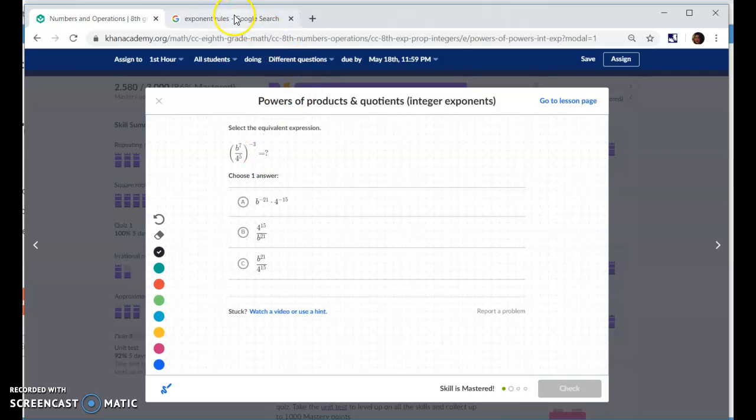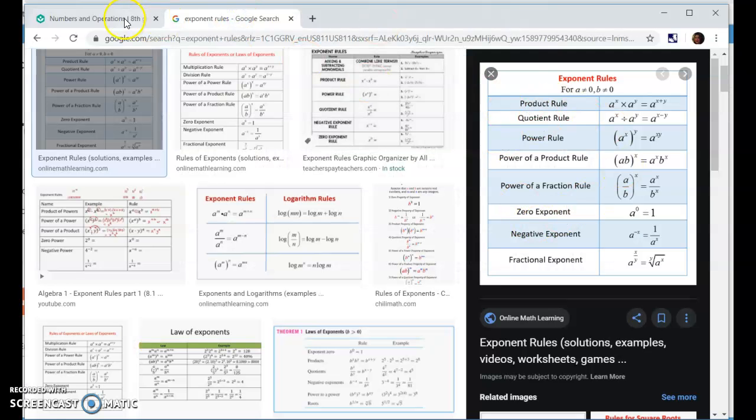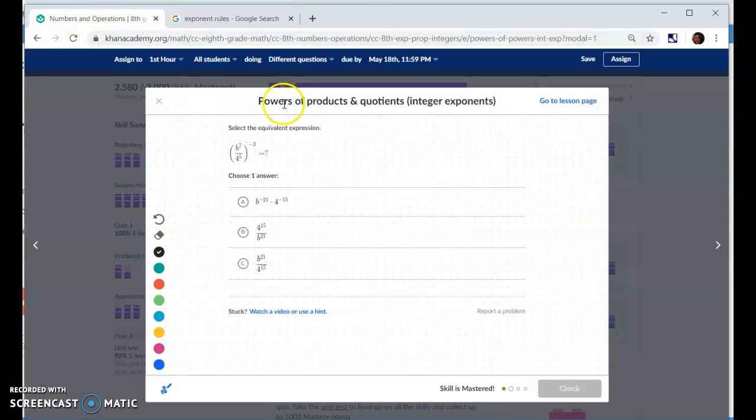So same thing, and if you don't remember exponent rules, I just typed in exponent rules, and this is actually a really good one here. A little cheat sheet, exponent rules. Okay, so same thing, we're going to distribute this negative 3 to the 7 and to the 5. So this would be b to the negative 21st, because negative 3 times 7 is negative 21.